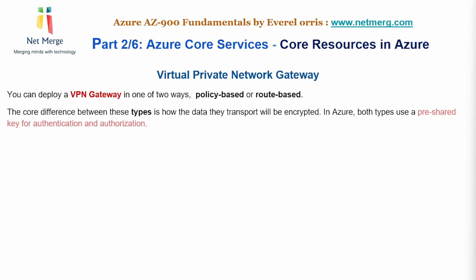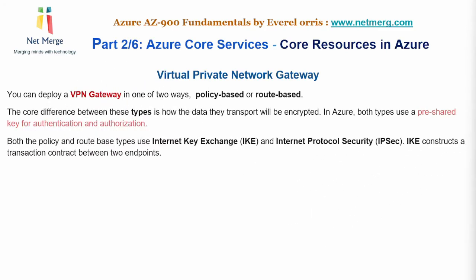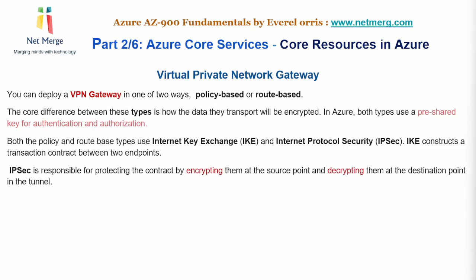In Azure, both types use pre-shared keys for authentication and authorization. Both the policy and the route-based types use Internet Key Exchange, IKE, and Internet Protocol Security, IPsec. So IKE again constructs the transaction contract between the two endpoints, and IPsec is responsible for protecting the contract by encrypting it at the source point and decrypting it at the destination point at the end of the tunnel.